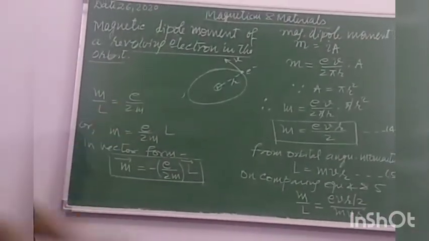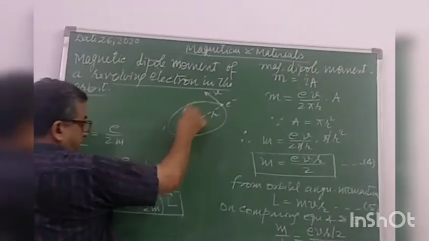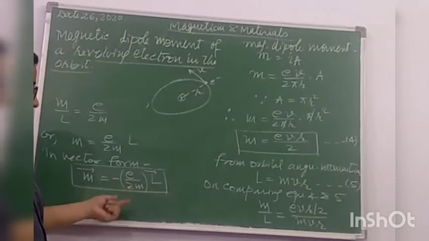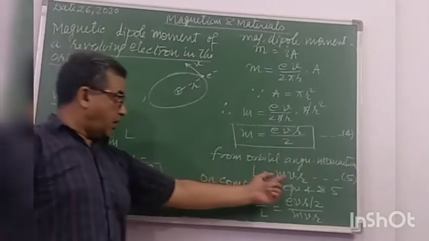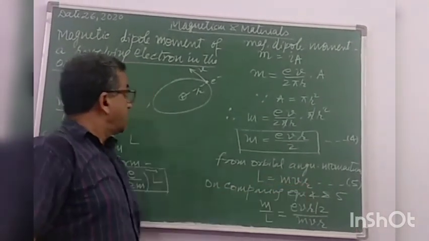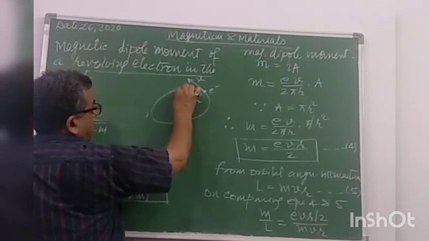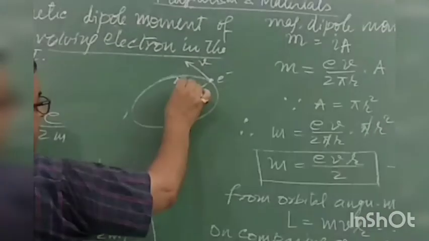So how can we show here the orbital angular momentum? It is the cross product of r and v. As the electron is moving, the direction will be like this.